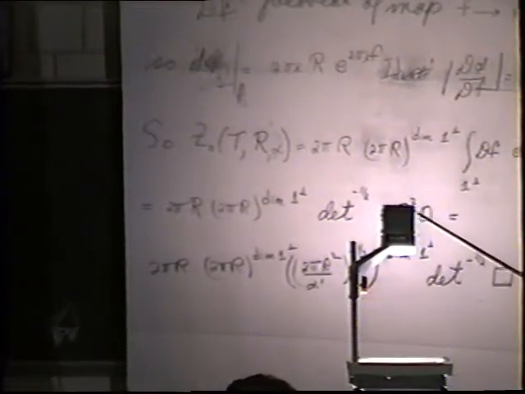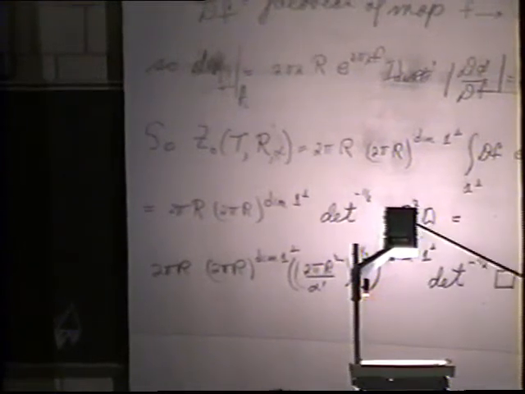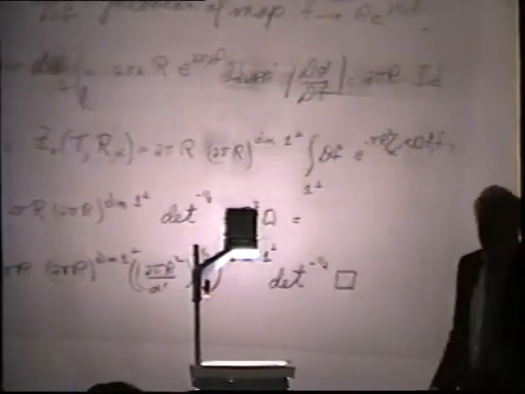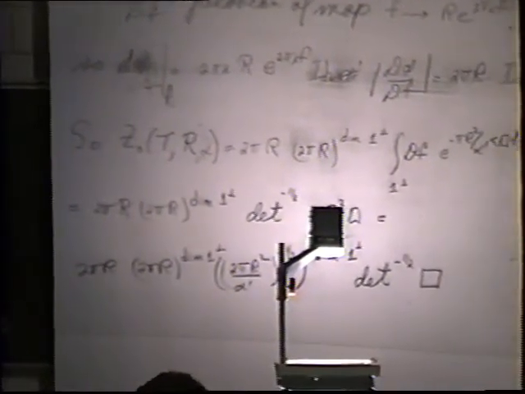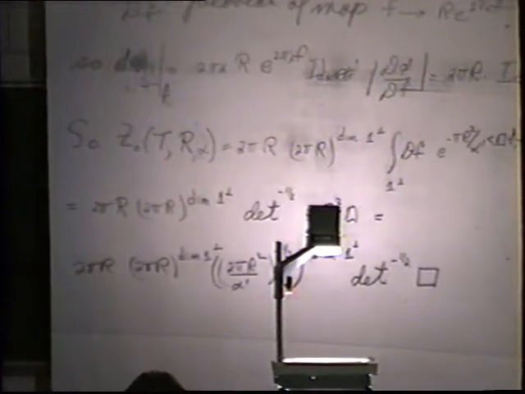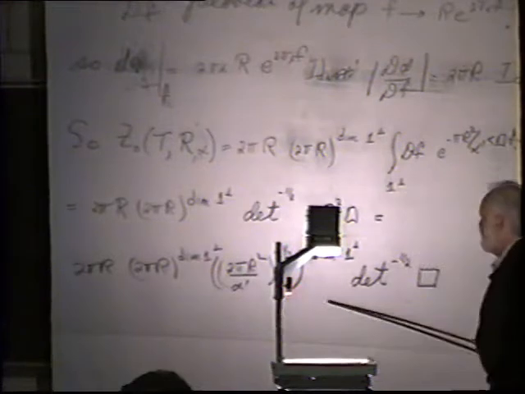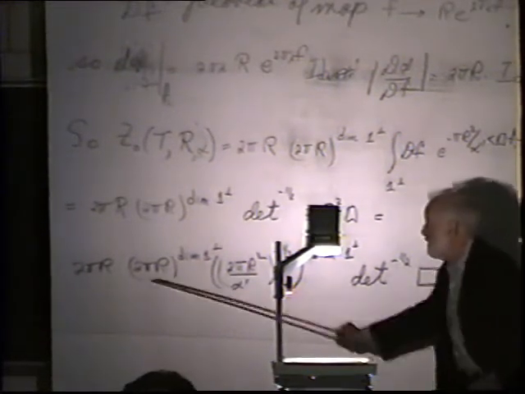Then we use the device we had before, that we can factor this out. If we had the determinant, this would be factored out by the dimension of the space. Now we have the square root, minus the square root, so you'll end up with this expression for the partition function we want.